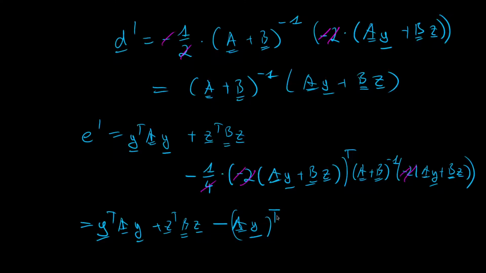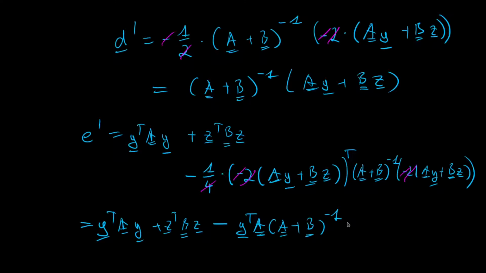And I will already evaluate this, because if I apply the transposition, then this will change the order. So we are getting Y transpose A transpose. But since A is symmetric, A transpose is A. So we are getting minus Y transpose matrix A. And then we have the middle term, which is A plus B in brackets inverse.